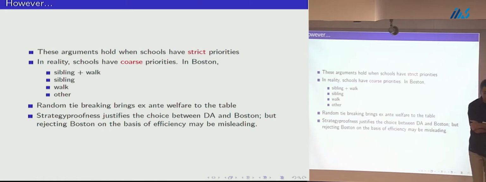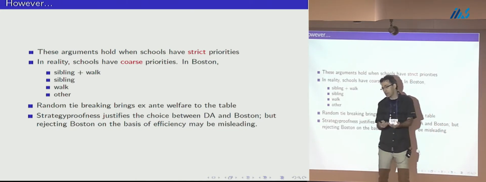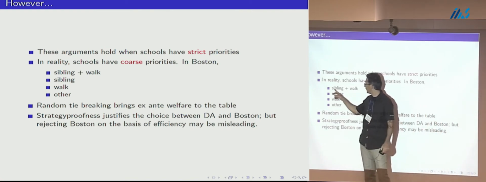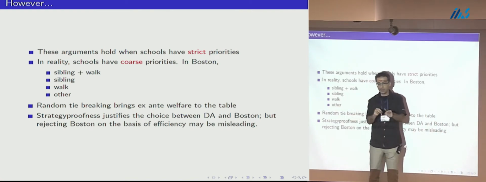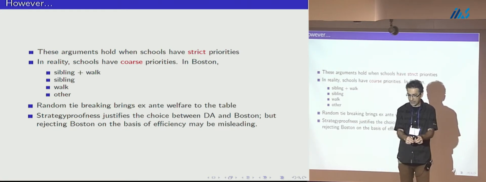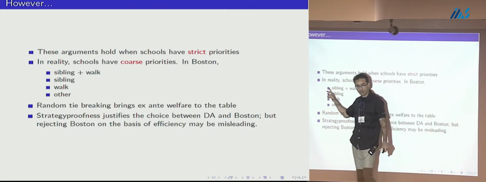Actually, it really depends. Schools might be ranking students in preference orders, but in most cases, in Boston, for example, these priorities actually reflect the choices of the society over assignment. So in this case, one might argue that assigning siblings together would create positive externalities or spillovers among siblings, or it would solve the coordination problem for parents.